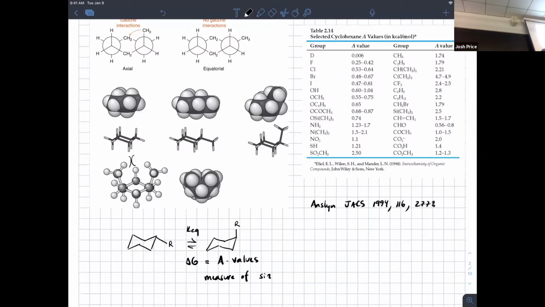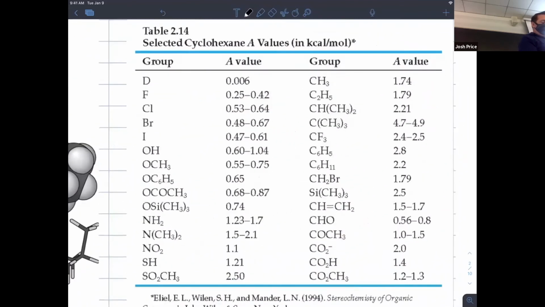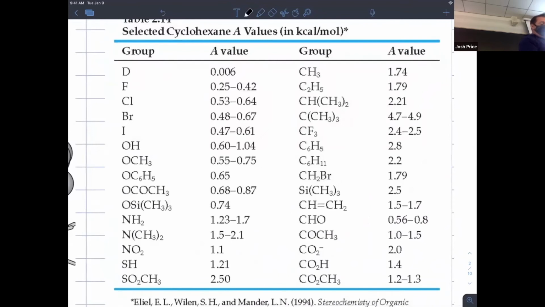A values are a measure of size or steric hindrance. Now, it's not exactly that. It's a surrogate for steric hindrance, and there can be times when the A values don't actually report on the size of the group. The classic example of that is in the halide series. If you look at the radii of chlorine and bromine and iodine versus fluorine, it increases pretty dramatically.